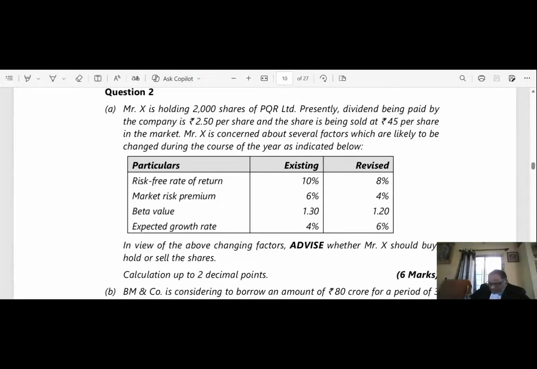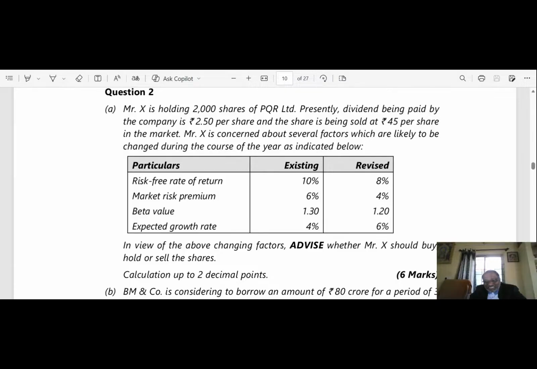So now P0 under the existing provision, we know the dividend growth rate. Expected growth rate is 4 percentage, revised 6 percentage. We know the growth, but what is D into 1 plus G?